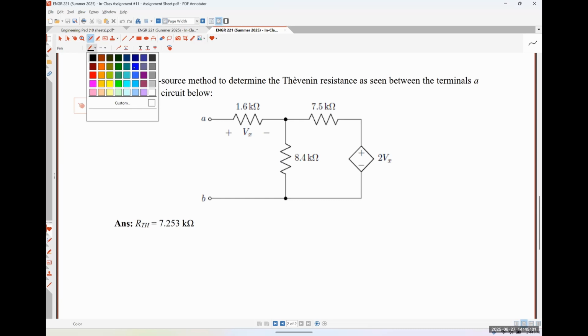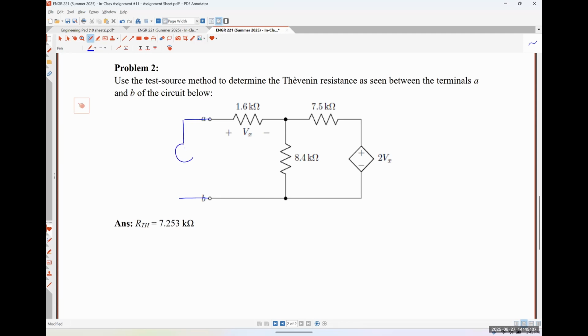So I'm going to draw a source out here to the left. This is going to be V test, and this is going to be I test. And I would like for one of you to tell me if that test source is going to be a voltage source or a current source.